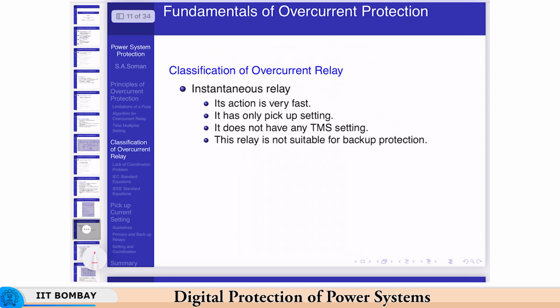Now, as far as the classification of overcurrent relays goes, the first type of overcurrent relay is the instantaneous relay. This instantaneous relay is used where the faults occur very close to the source, or maybe in the primary of the transformers, etc., and it clears the fault very fast.